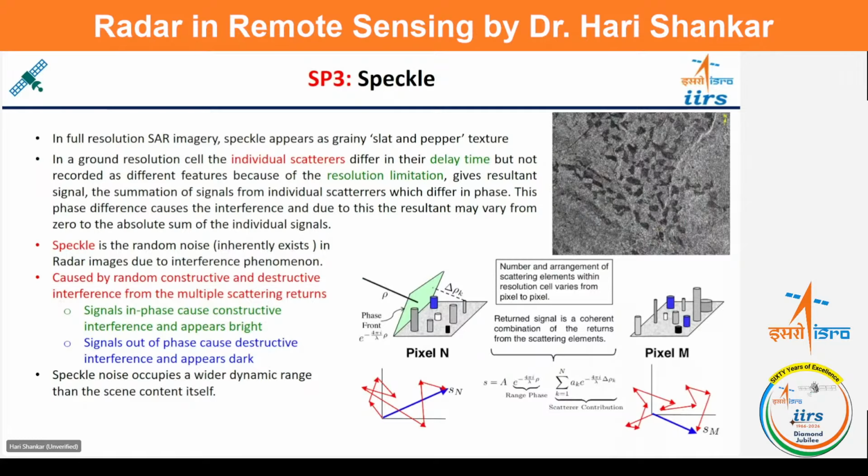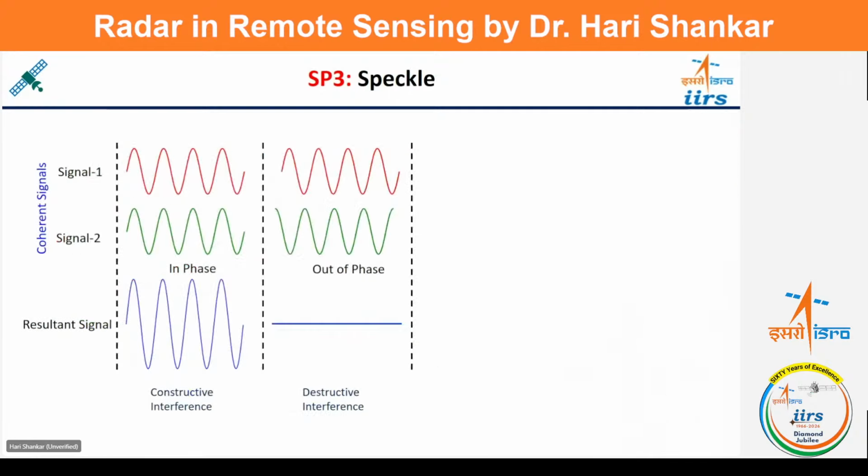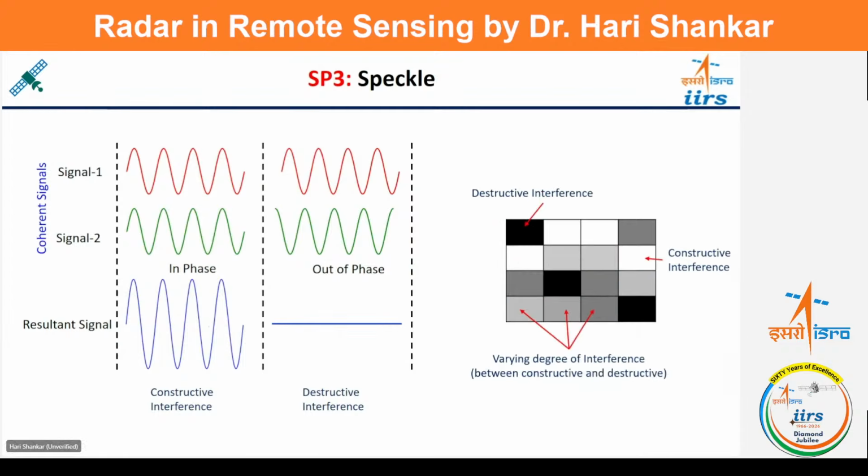This extra increase or decrease is basically called speckle. As I mentioned yesterday also, suppose one sinusoidal signal and another signal are meeting in phase, the overall intensity increases. If they are in opposite phase, the overall intensity is 0 in case of destructive interference. So if destructive interference is happening, you get a dark pixel, and if constructive, you get a bright pixel, because bright means high intensity, dark means low intensity.